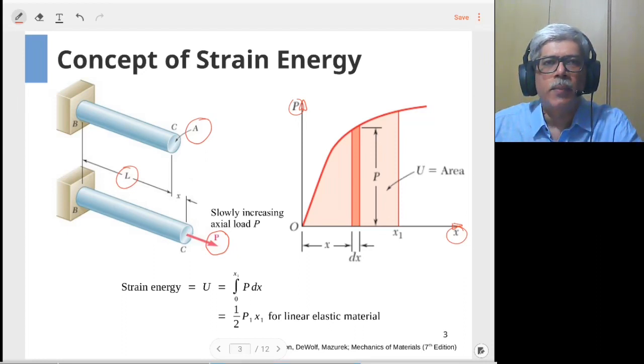If you imagine the material to be acting as a spring, when external force acts on this spring, the spring deforms, and the energy stored in this spring is analogous to the strain energy stored in a body which is subjected to deformation.